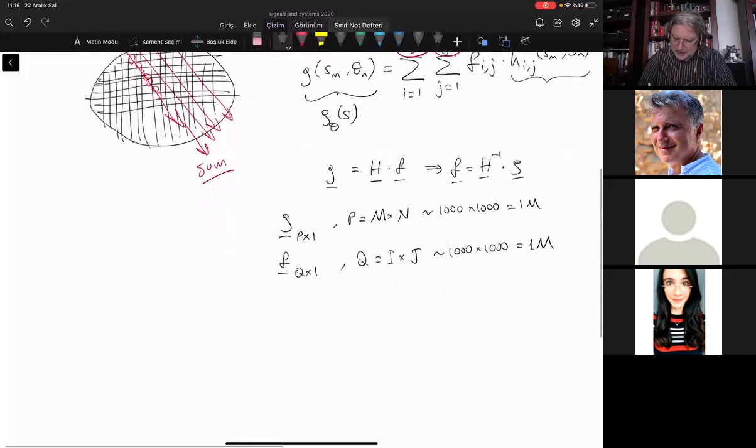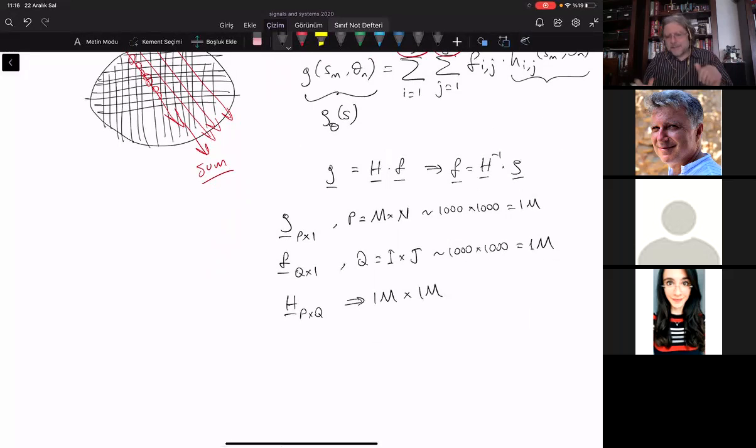So that makes H to be what by what? I'm trying to estimate here. I think it's P by Q. Yeah, P by Q times Q by 1 will give you P by 1. So H is P by Q, which is approximately 1 million by 1 million. Okay, these are the sizes.